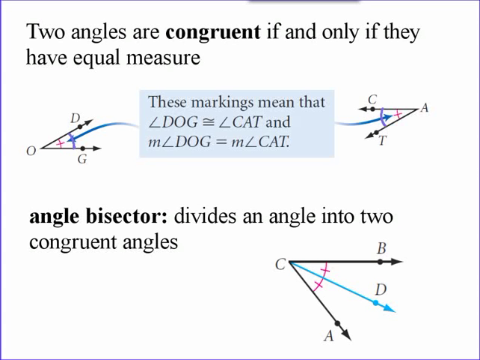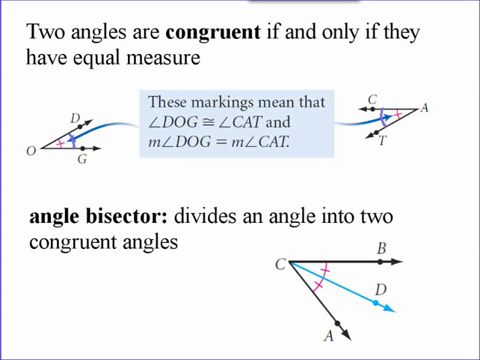Now the next one is the angle bisector. An angle bisector divides an angle into two congruent angles, and that should make sense because when we think about the word bisect, bi means two sections.